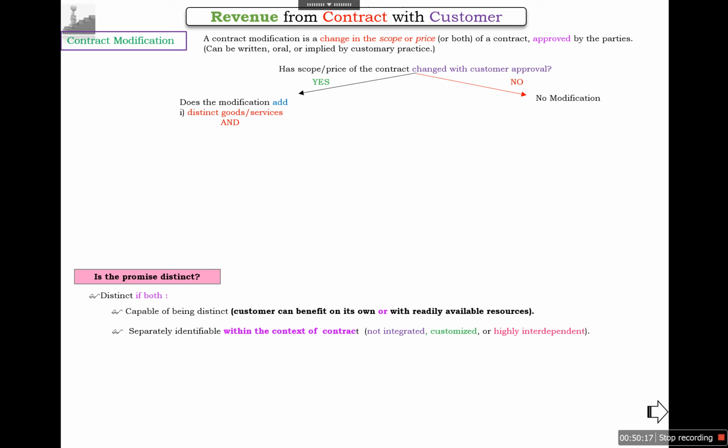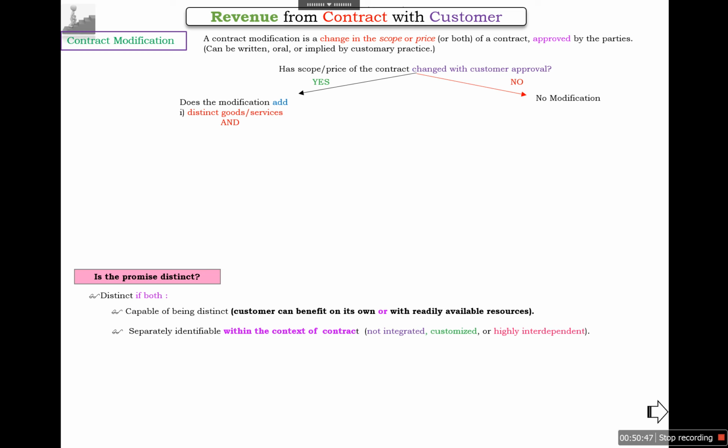So we need to check two things. First, whether the modification in the contract is capable of being distinct and the customer can benefit on its own or with readily available resources. Second, what is the intention of the contract, whether the services and goods are highly integrated, highly customized, or highly interdependent.